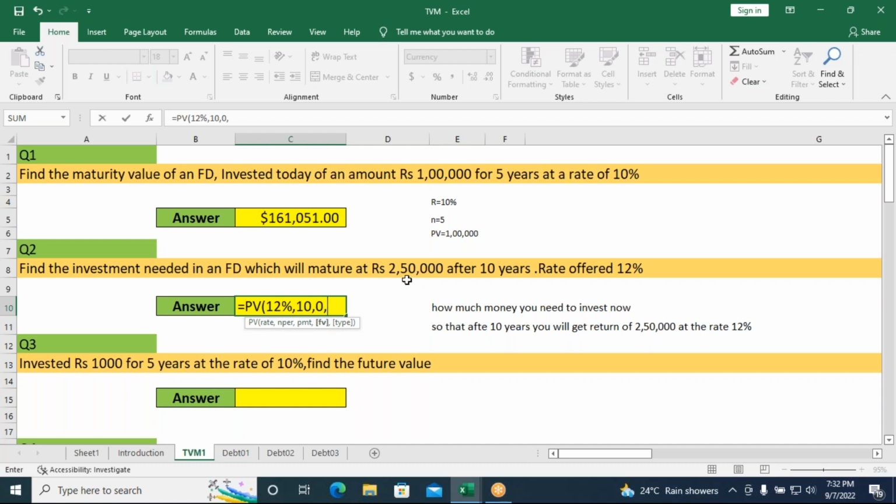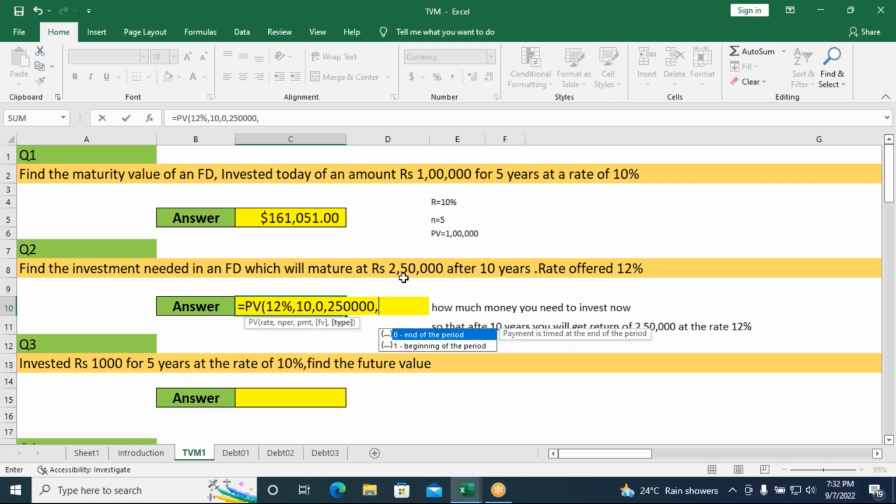So now the money is not going out, it is coming to me. It is coming in. So after 10 years, this is the amount I'm going to receive. So I'll put it with a positive sign, that is plus 2,50,000, comma. So now am I looking for the beginning of the period or the end of the period?